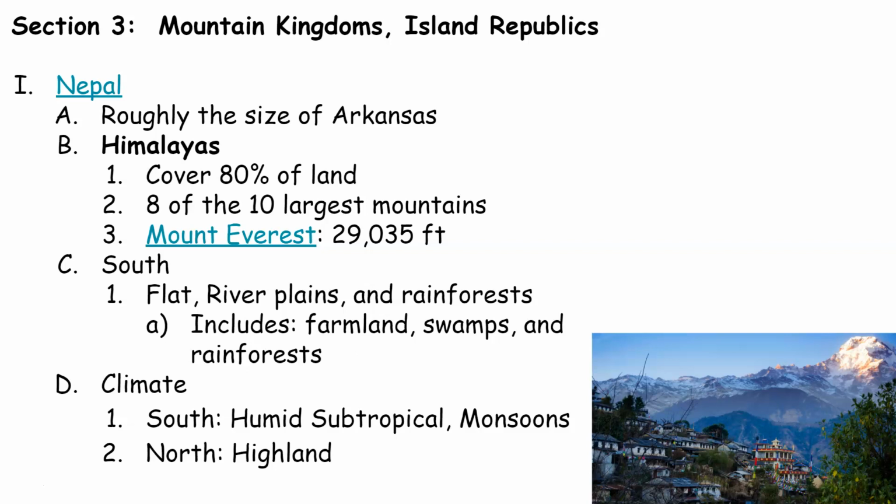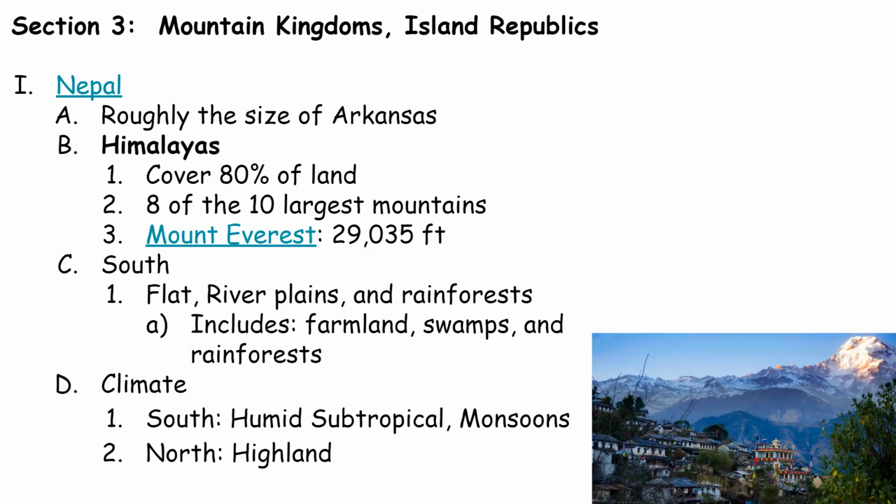In fact, 8 of the 10 largest mountains in the world are located in Nepal, including the very largest, which would be Mount Everest. We'll talk a little bit about the role that those mountains play economically as well in a little bit. But they definitely make up the vast majority of the landscape that you'll find in Nepal.